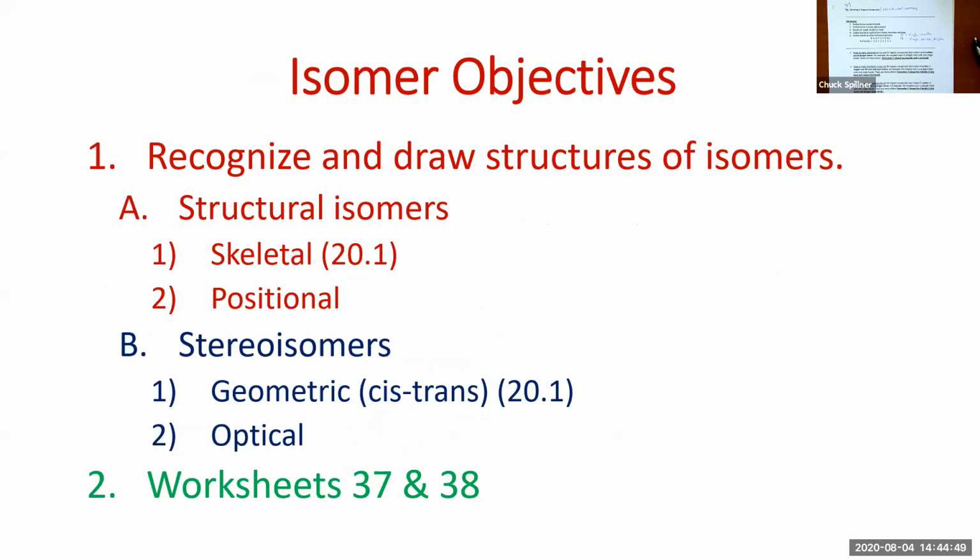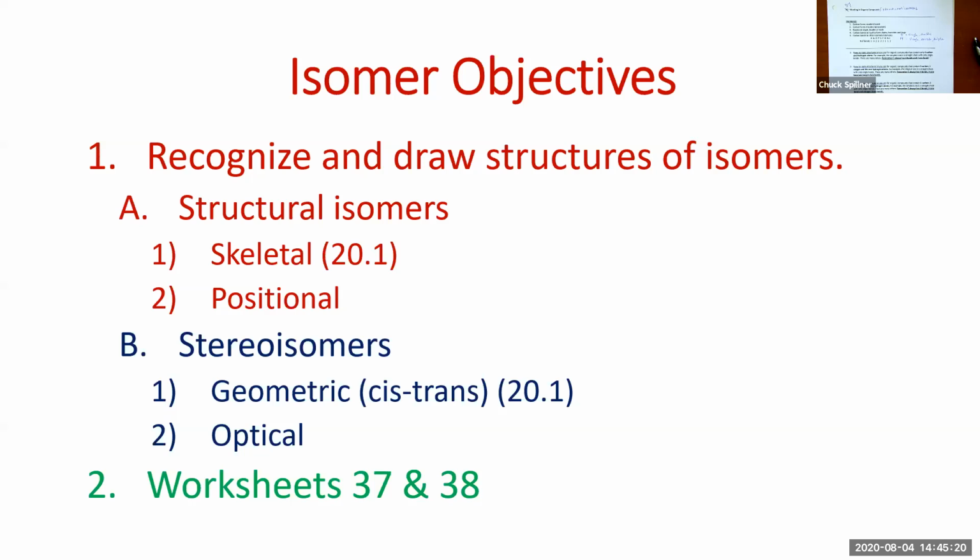Skeletal is like the difference between, remember we talked about organic compounds being built on a framework of carbon atoms, and the carbons can be arranged linearly in a chain, or they can have branches, or they can have rings. So the structural isomers derive from the different skeletons of the carbon framework.